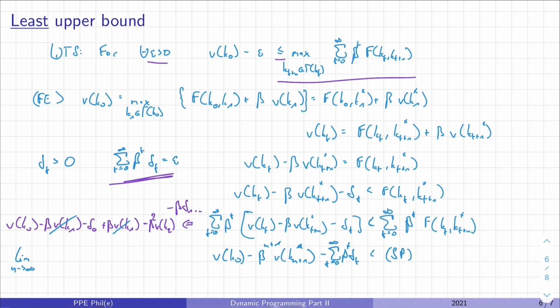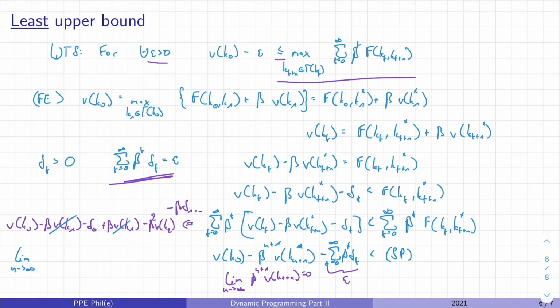So if you let n go to infinity, we know that this becomes epsilon, as we defined it here. And remember that this is our growth condition, as we used in the previous proof. So for n going to infinity, which is the same as t going to infinity, beta to the n plus 1 v(k t plus 1) is 0.